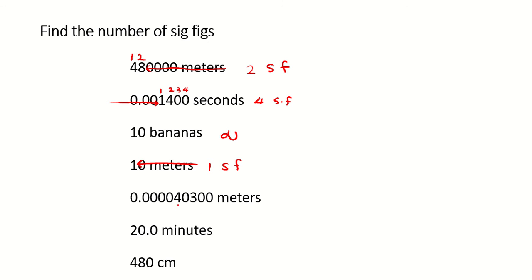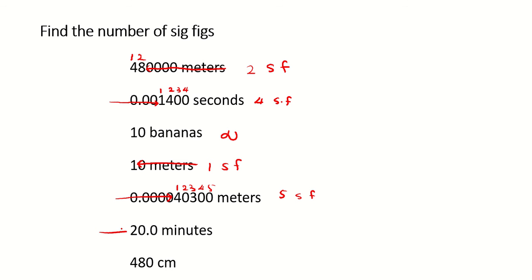Are you counting or measuring? You are measuring. Do you see a decimal? Yes. Draw the arrow. Start counting the remaining numbers. 1, 2, 3, 4, 5. 5 sig figs. Are you measuring or counting? You have a type of unit. You are measuring. Do you see a decimal? Yes.